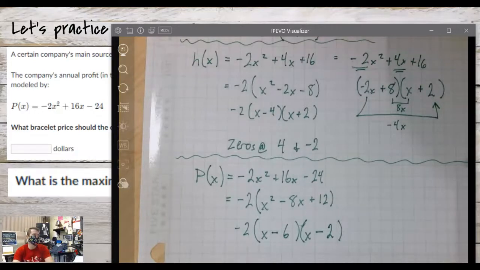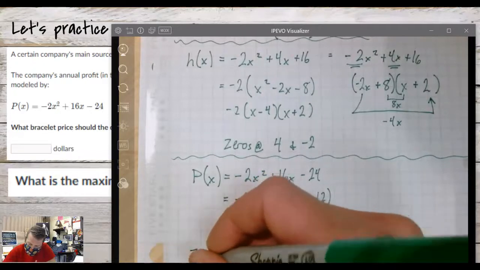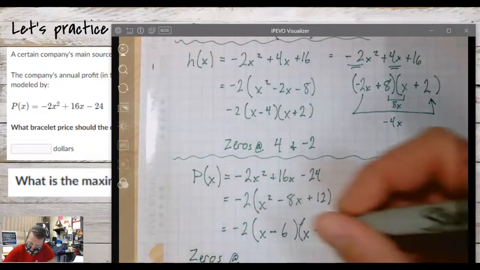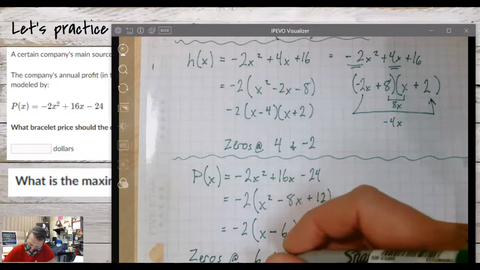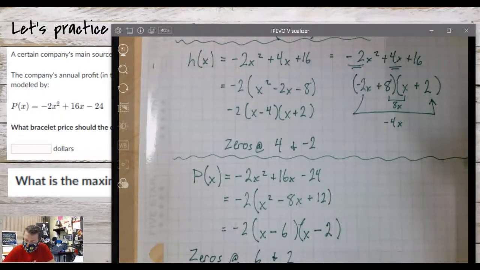I meant to do vertex form. Is there anything I can do to save myself? Alina? Keep going, yeah. Ooh. Not negative 6 and negative 2, positive 6 and positive 2.